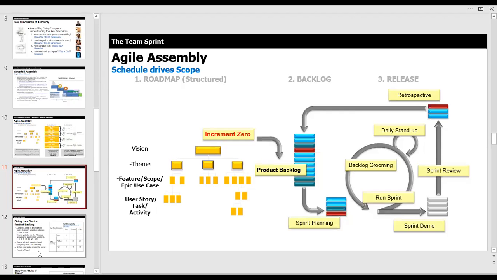Anyway, once you get in and you break things down and you put them into your backlog, then you're going to have within your sprint scenario, you'll come up with your sprint plan, and then you actually execute your sprint, which then goes through a process of, during running your sprint, you're going to do daily stand-ups and come back.